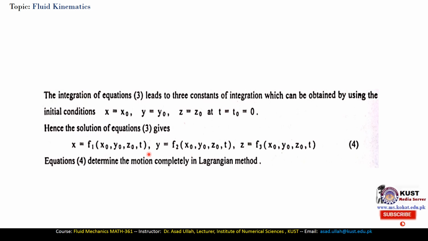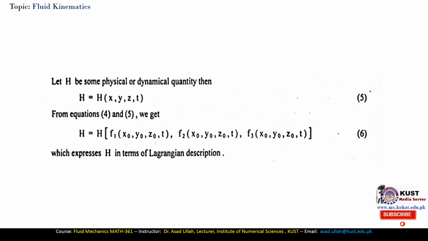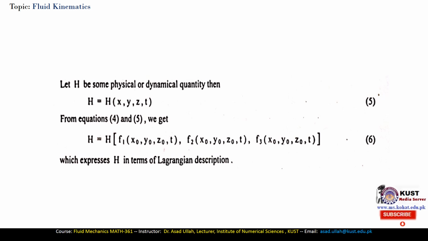Now, equation number 4 shows that we are in the Lagrangian method of specification because we have the fixed point x naught, y naught and z naught and the time t. Let h be any physical or dynamical quantity that is written in the form of equation number 5. So from equation number 4 and equation number 5 we get equation number 6.